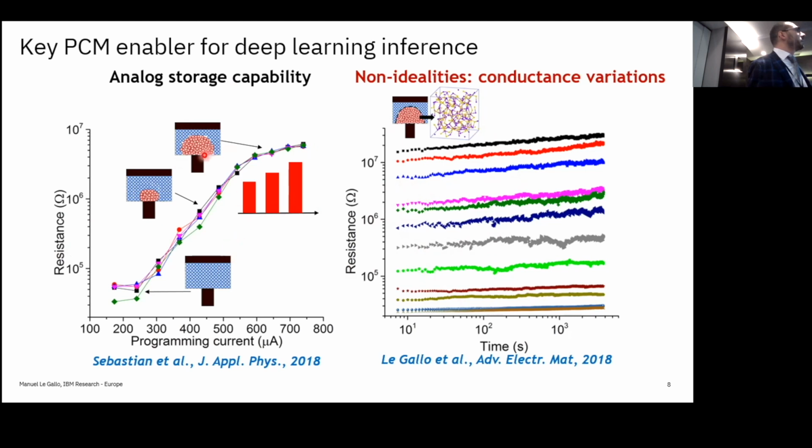Here we don't need this with PCM. So I would say the voltages are similar, or probably higher in ReRAM. You probably need to support about 3 volts to have reliable operation with ReRAM. Although the programming currents, at least from what I've seen, are lower. So this is one good thing about ReRAM: you can usually program it with less current than PCM.